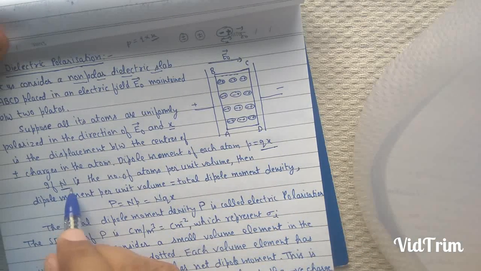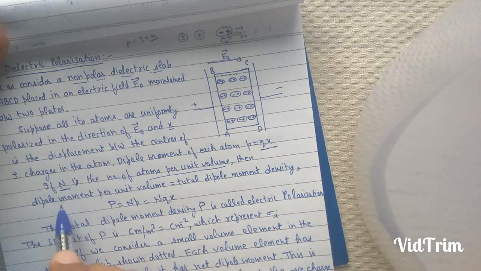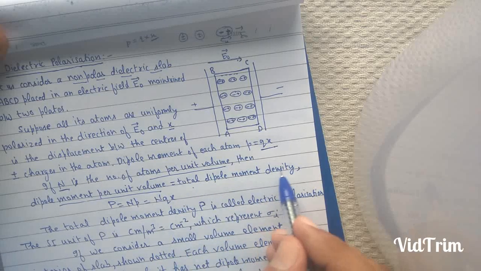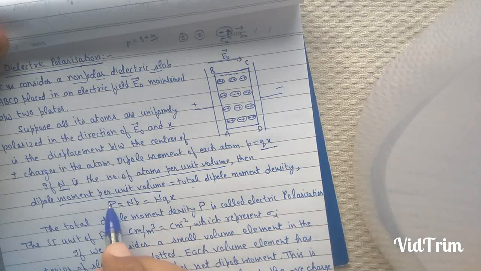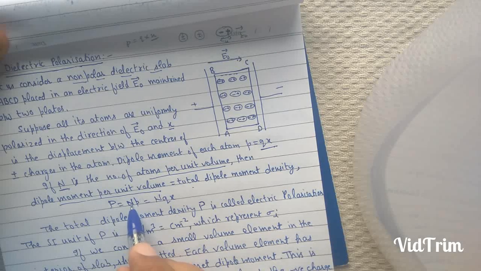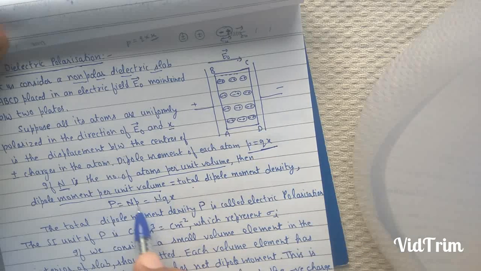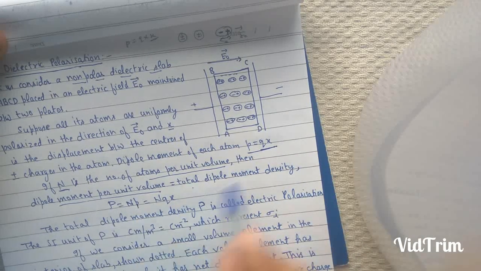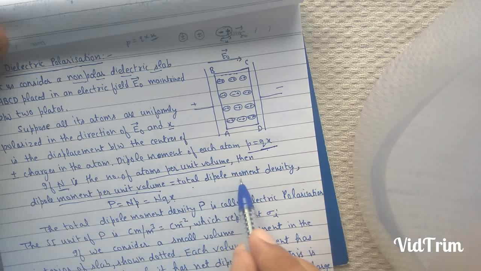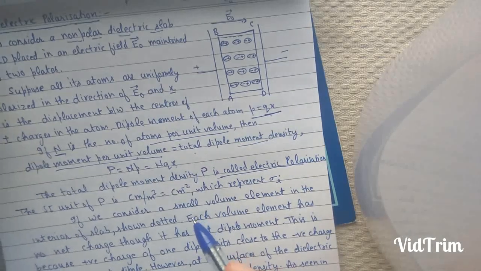If n is the number of atoms per unit volume, then the dipole moment per unit volume, or total dipole moment density, is P equal to n p. Now putting q x in place of p, this will be n q x. This total dipole moment density is called electric polarization.